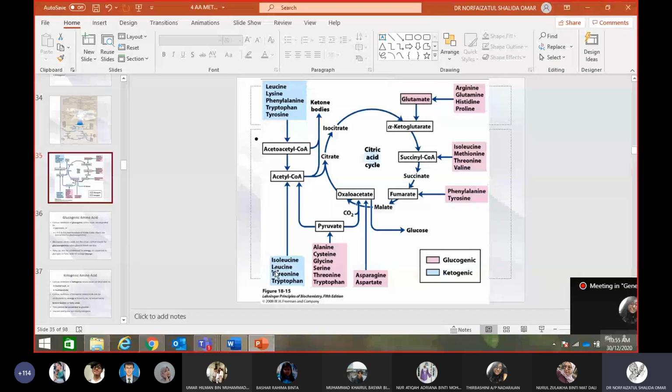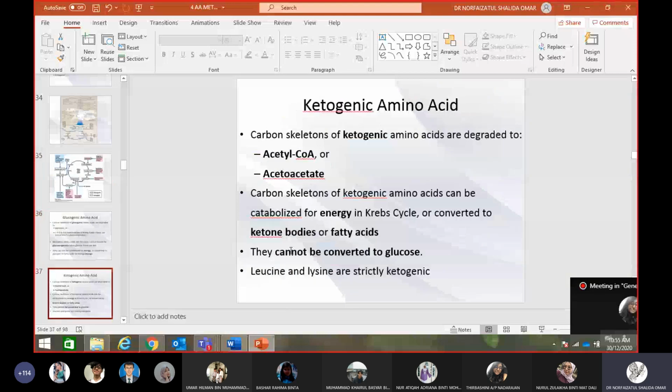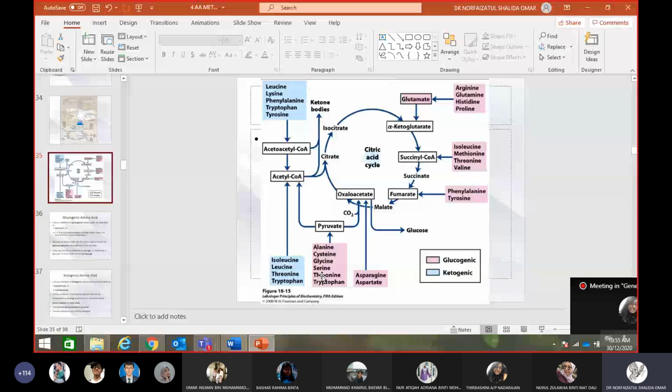These two can be converted to acetyl-CoA, whereas the rest can be converted to glucose, so they are glucogenic amino acids.